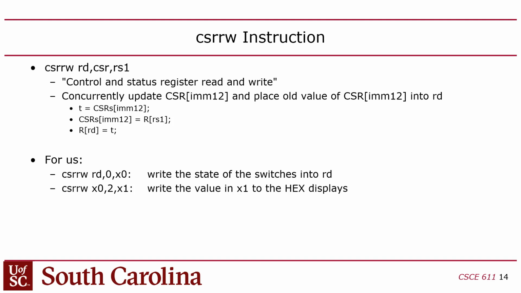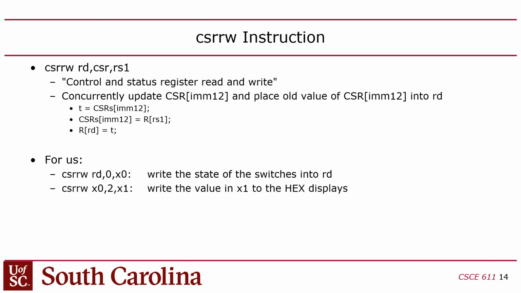And the problem with it is that the instruction reads and writes a control and status register at the same time, always. So it takes the immediate field, the 12-bit immediate, to look up a control register, which is an external register, an I/O, and reads that value, right?